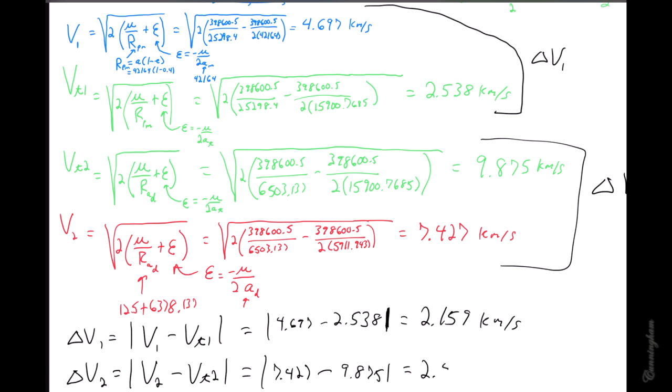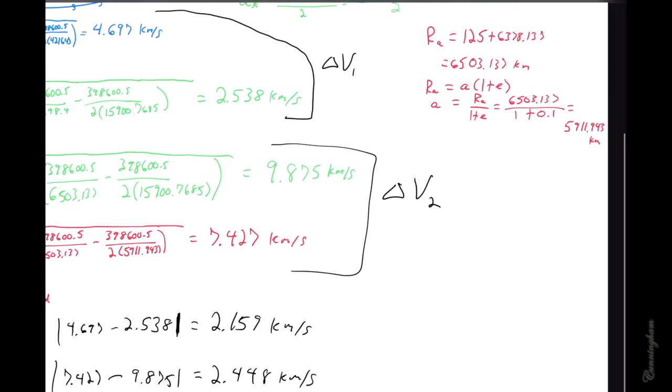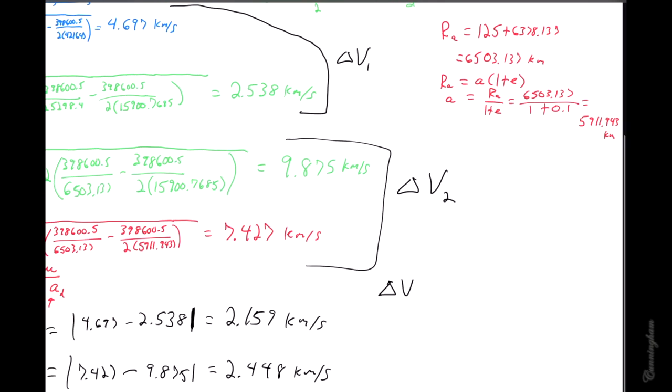Absolute value of 2.448 kilometers a second. All right, the total delta V is those two added up. So that 2.448 plus 2.159, 4.607 kilometers per second is delta V total. We did it.